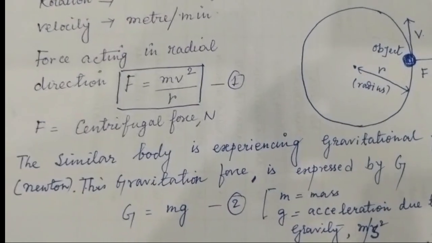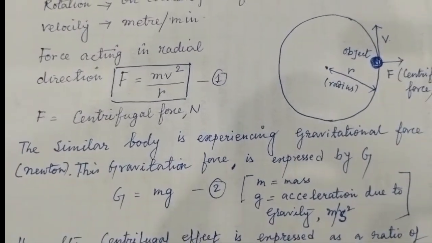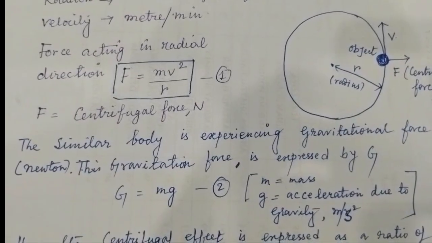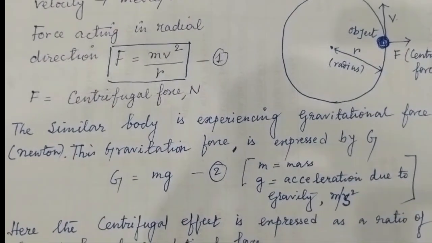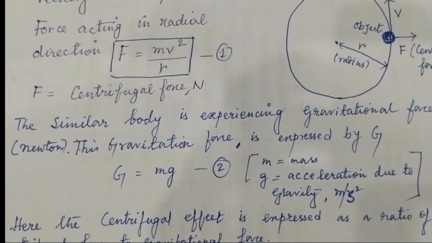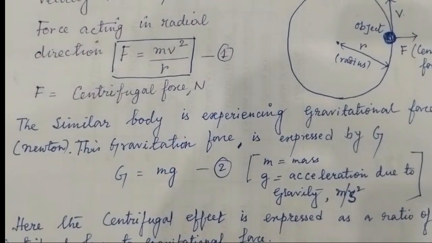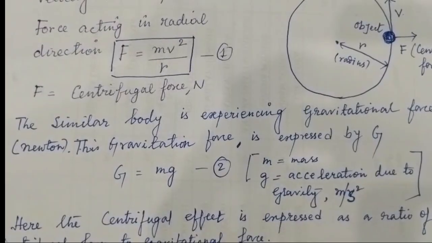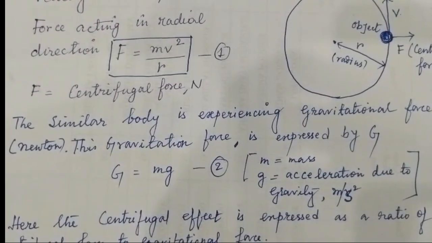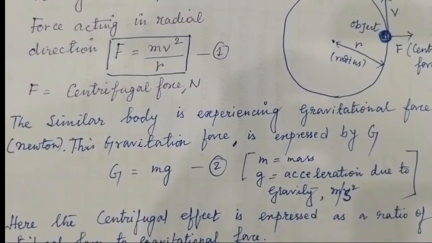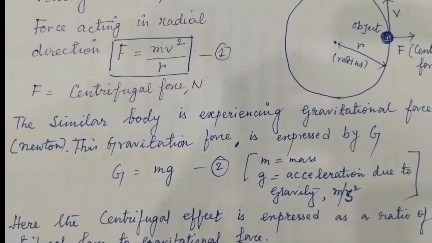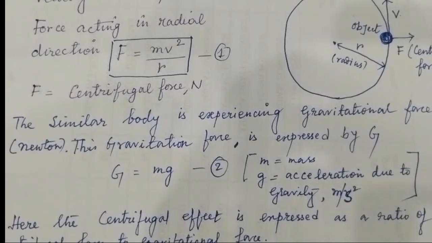The same body experiences a gravitational force in newtons. This gravitational force is expressed by capital G. So capital G is equal to mg, that is equation number 2, where m is the mass and g is the acceleration due to gravity, in meters per second square.